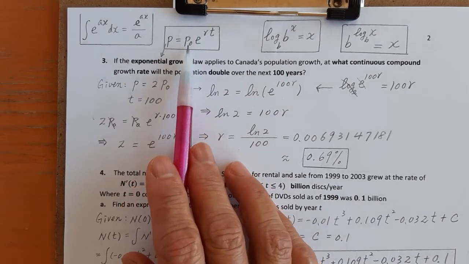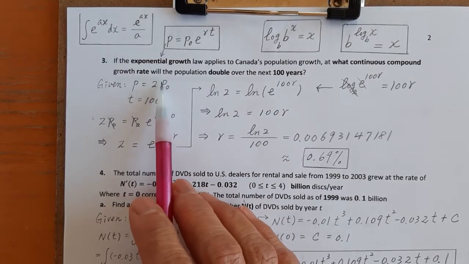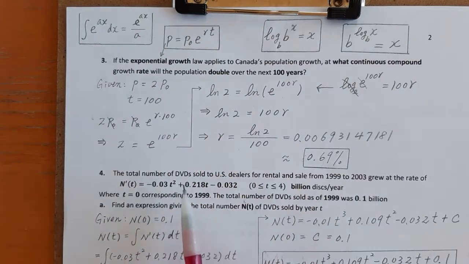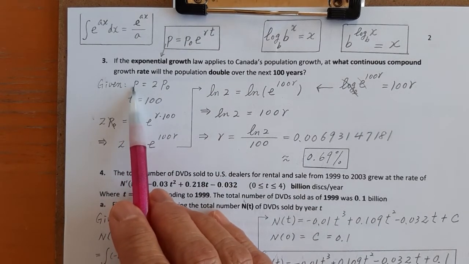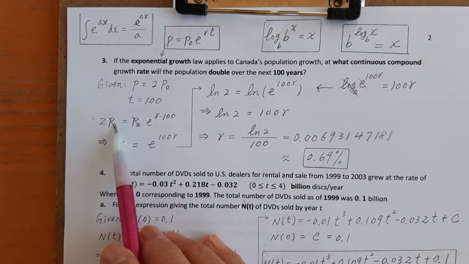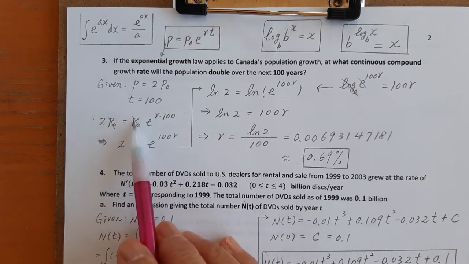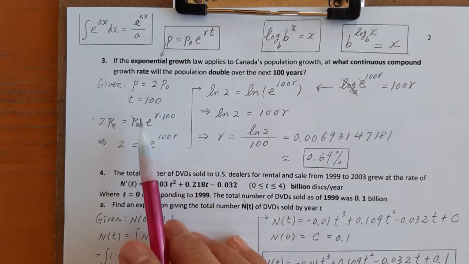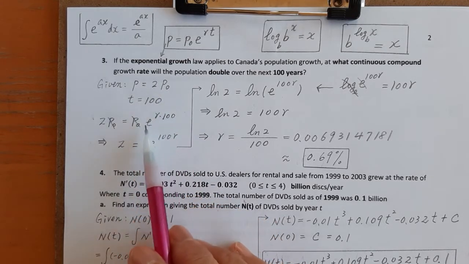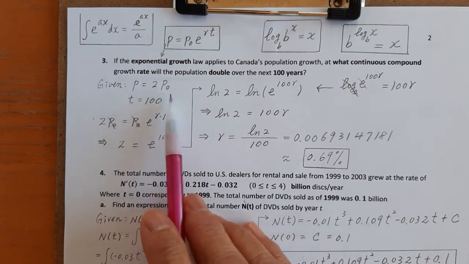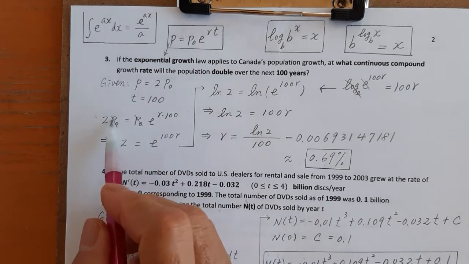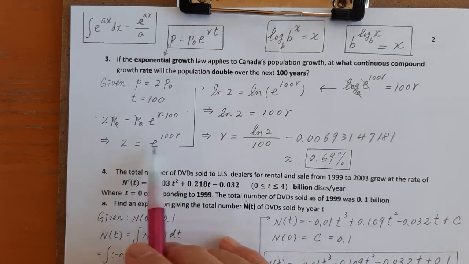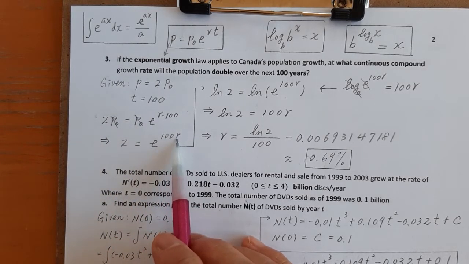P0 is when T equals 0, the initial. So 2P0 equals P0 times e to the power R times 100. P0 cancels, and you get 2 equals e to the power 100R.